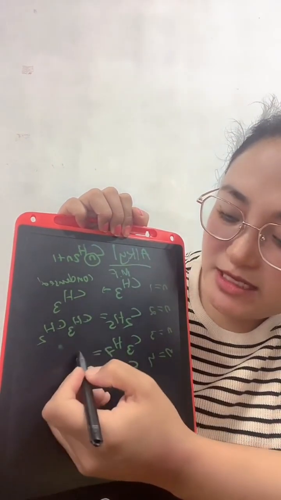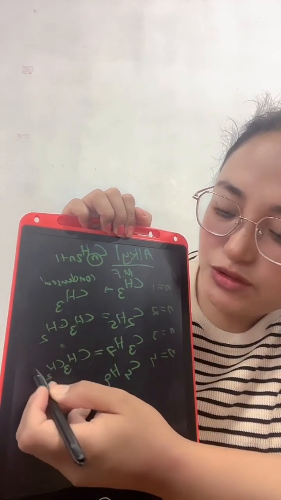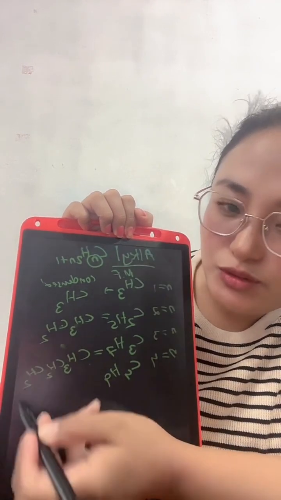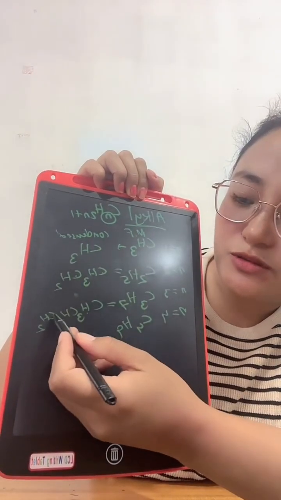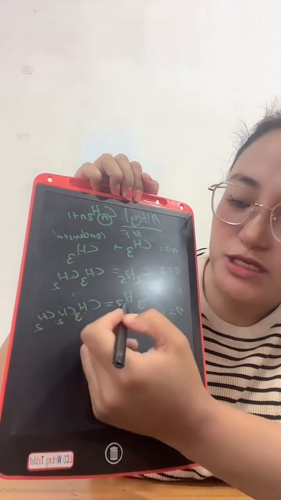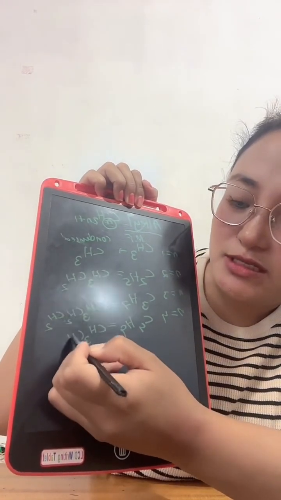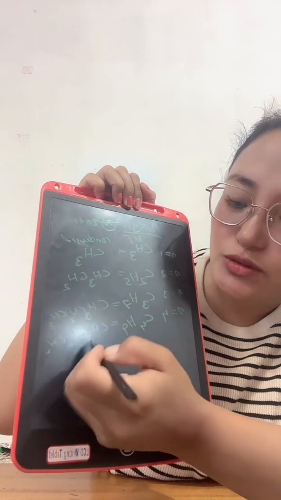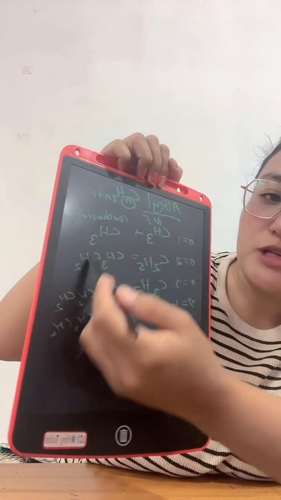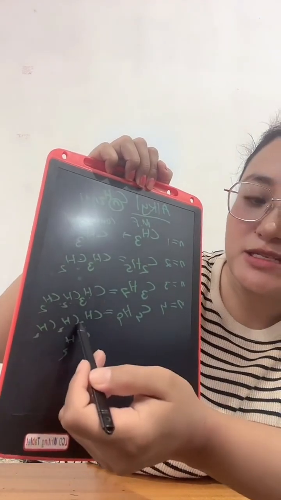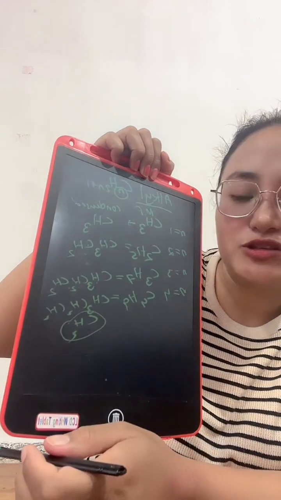Then C3H7 is CH3 CH2 CH2. C4 is CH3 CH2 CH2 CH2. If you notice, every time I go to the next successive organic compound, I am adding one CH2 group.